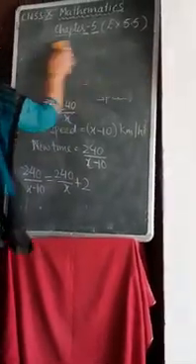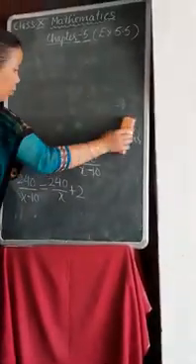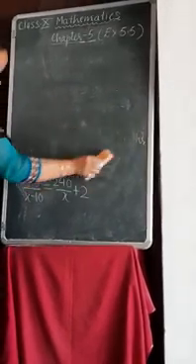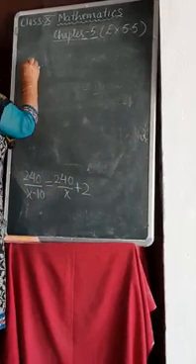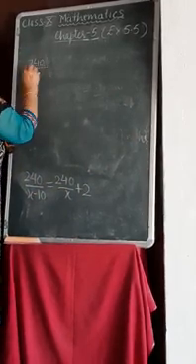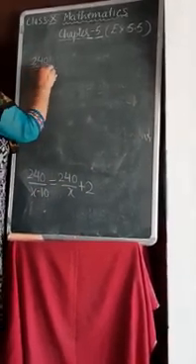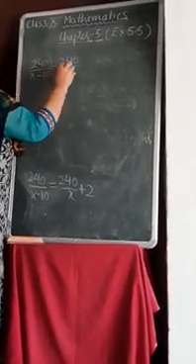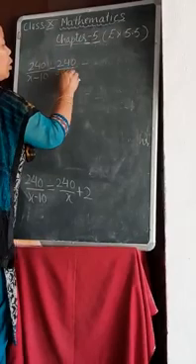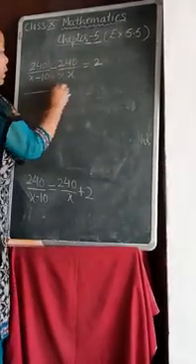So here we will solve this equation. We'll bring this 240 upon x to this side. It will become 240 upon x minus 10 minus 240 upon x equals 2. We'll take the LCM.